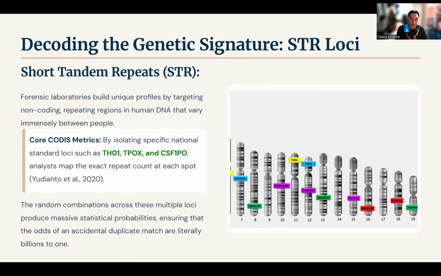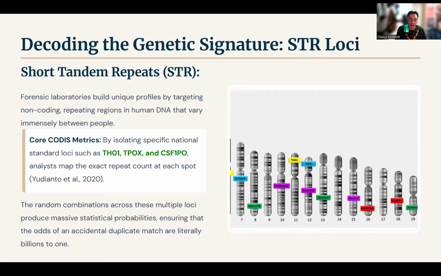When interpreting that graph, scientists are targeting something known as short tandem repeats, or STRs, which are regions of our DNA that repeat in lengths that vary immensely between individuals. Following national forensic standards, labs look at specific locations called CODIS loci, which focuses on markers like TH01, TPOX, and CSF1PO.